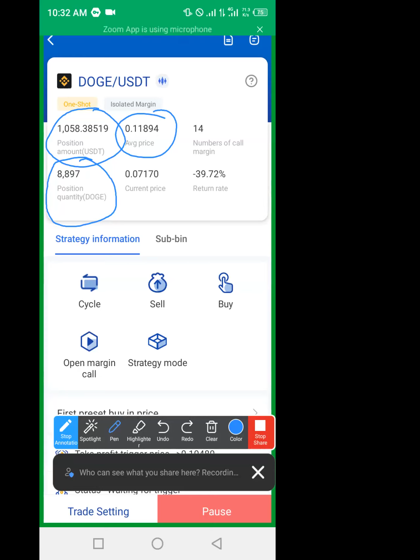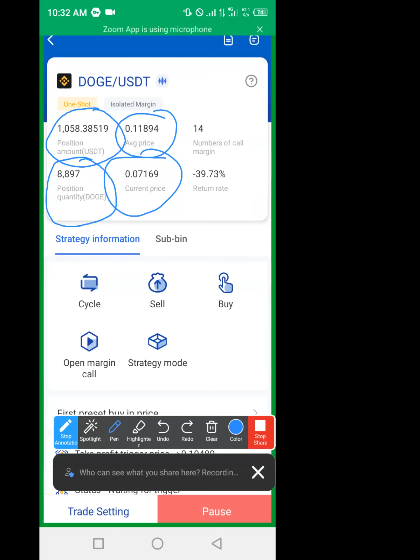Now, the current price, that is always the price, as you hear the word current. The average price for this trade is 0.11894, but the current price is at 0.07170, which means that as we entered the trade, and then we also bought from 14 margin calls, the price of this Doge went down.